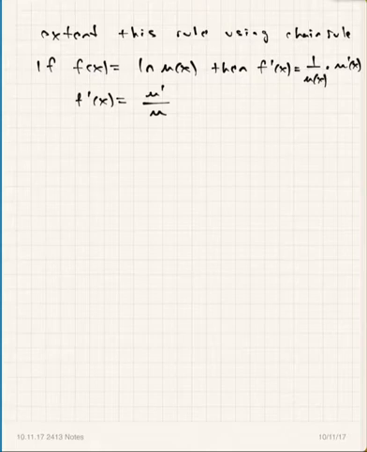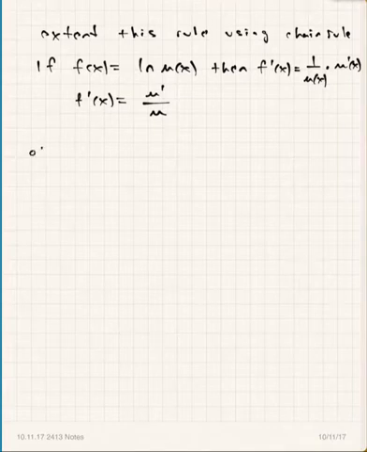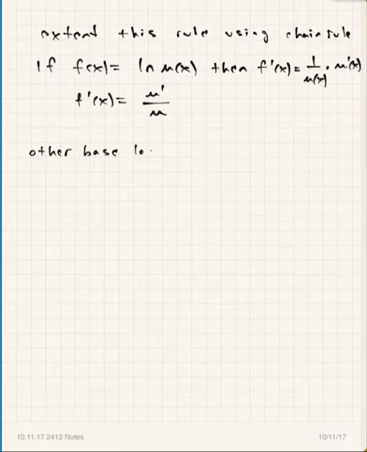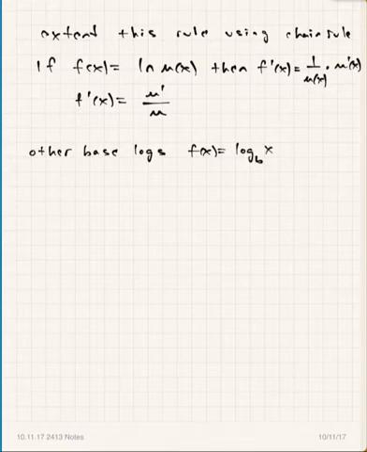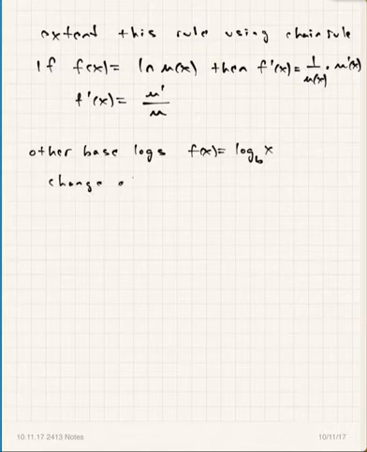Now, if you want to extend this property to other base logarithms, in other words, f of x equals log base b of x, then the first thing you would probably want to do is use what we call the change of base formula for logarithms, which we didn't write down before.